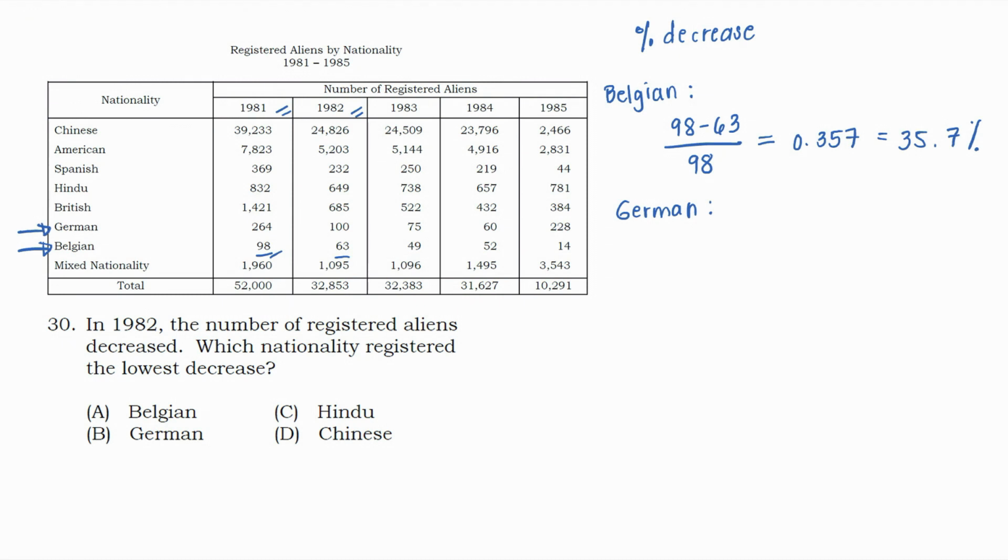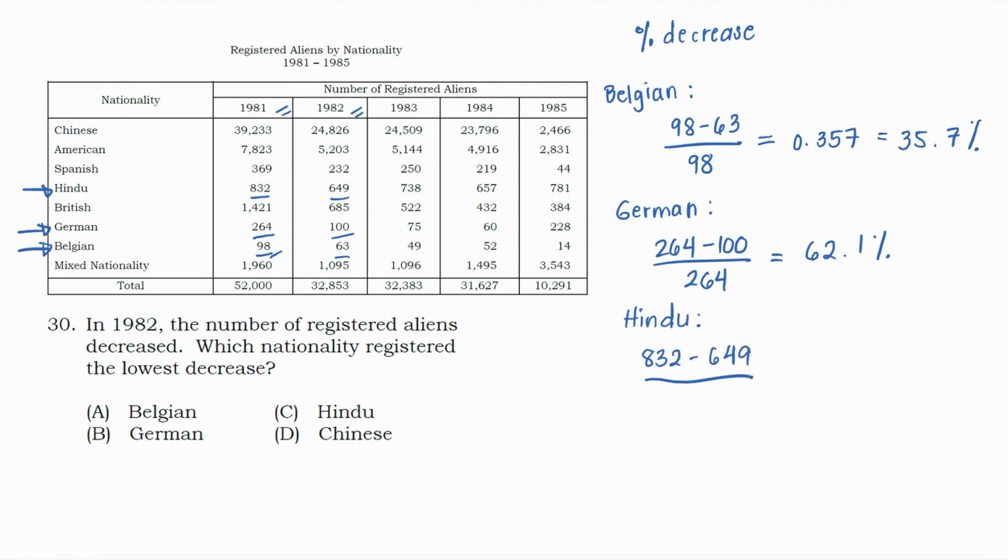And then, sa Germans naman, so, ito siya. We have 264 minus 100, so 264 minus 100 all over 264. Makukuha natin is 62.1%. And then, sa Hindu, so, merong 832 and 649. 832 minus 649 all over 832 is equal to 22%.